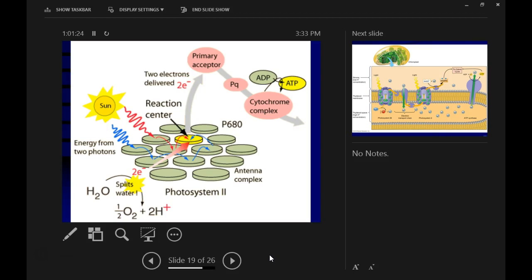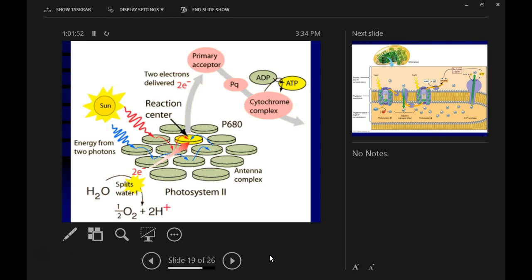In the light reaction, what happens is the water is split. Here in photosystem II, water is split, and out of that we get 2 electrons. And those 2 electrons go to replace the ones that were given up by photosystem II.